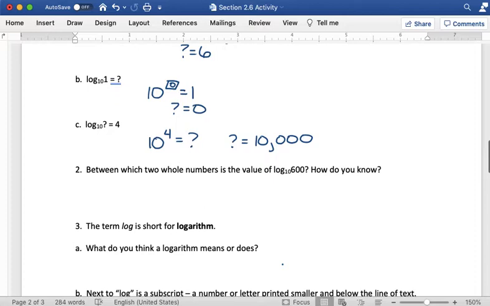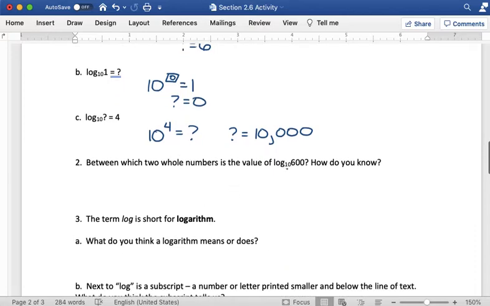Question 2 says, between which two whole numbers is the value of log base 10 of 600? How do you know? So when we're thinking about this, again, we want to think about the answer to the logarithm is the exponent. So what this is asking me is 10 to what power equals 600? Well, we know it's not going to be a nice whole number like the other examples, but I know that 10 to the second power is 100, and 10 to the third power is 1000.